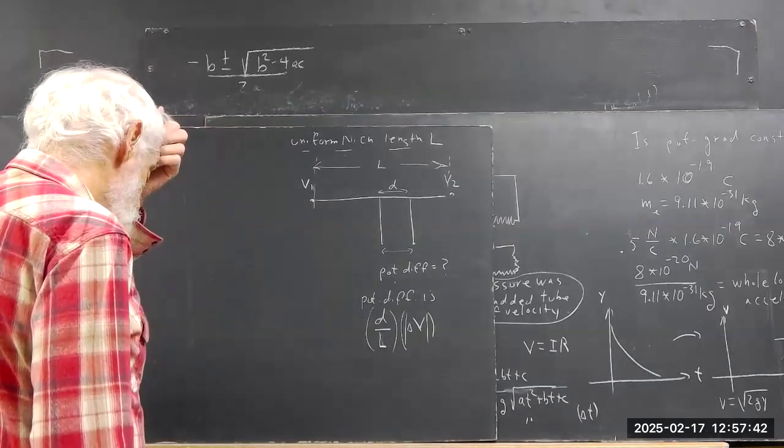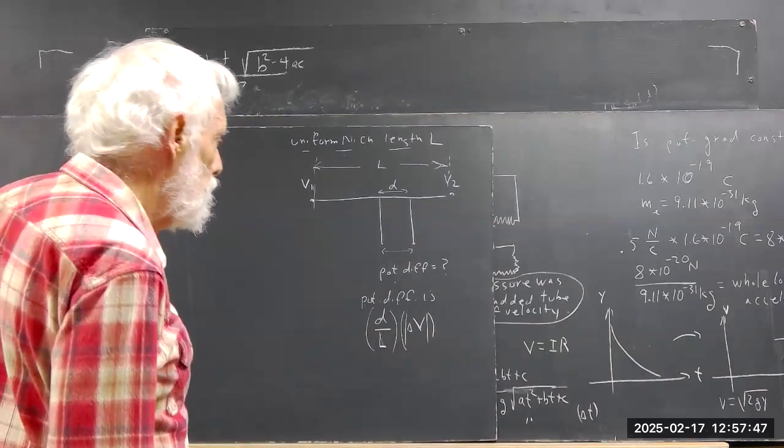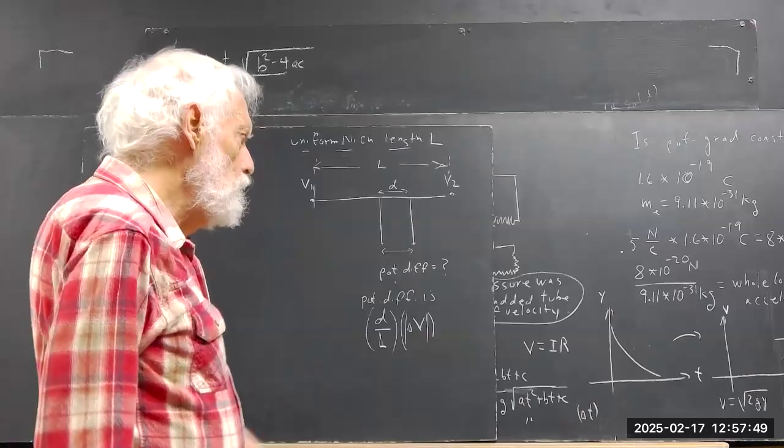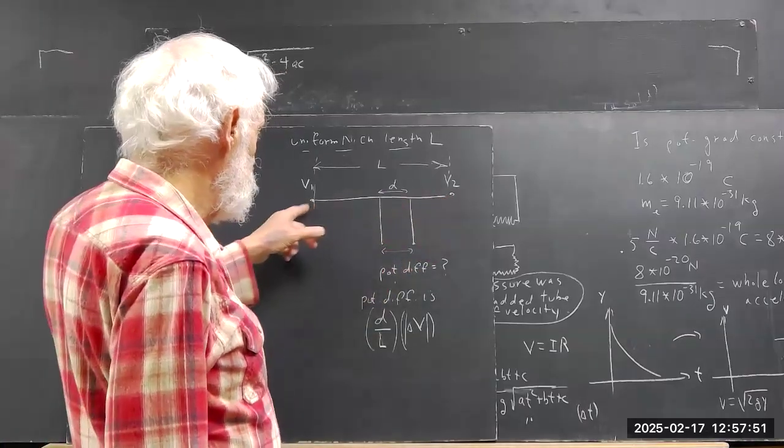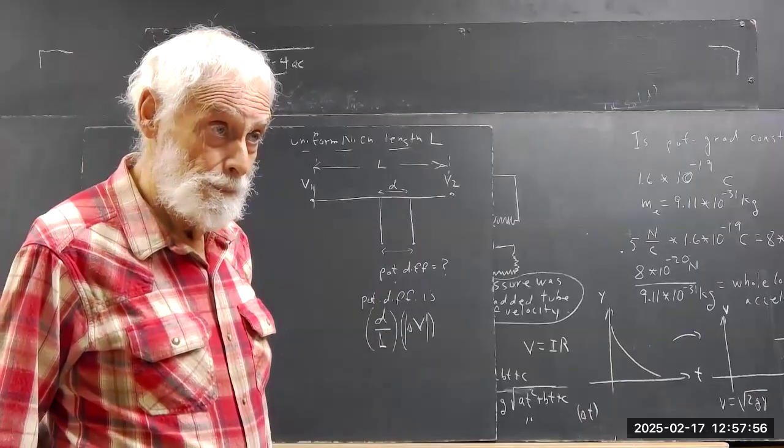Okay. Now, I then asked, why is the potential gradient between here and here in this situation constant.